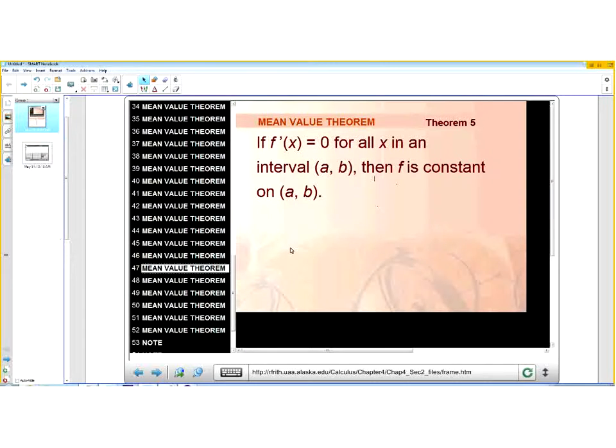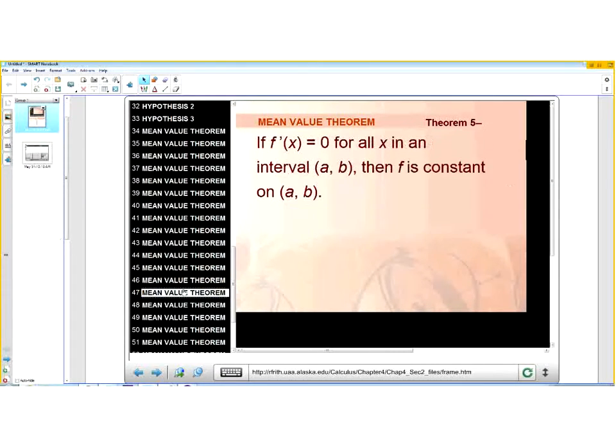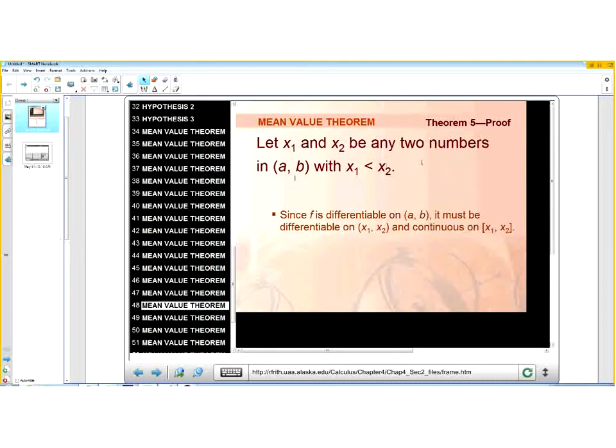We've already demonstrated that by finding the limit of the difference quotient, so no need to do that. What else? Let x1, x2 be any two numbers in a and b with x1 less than x2. So if f is differentiable on the open interval, it must be differentiable on the subinterval in a to b and continuous on the open interval.